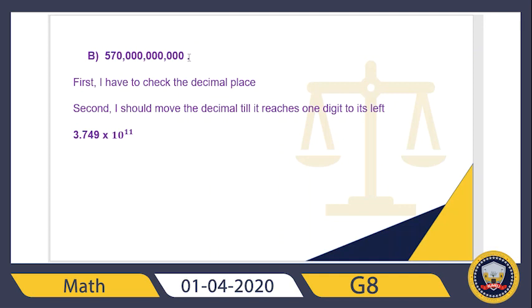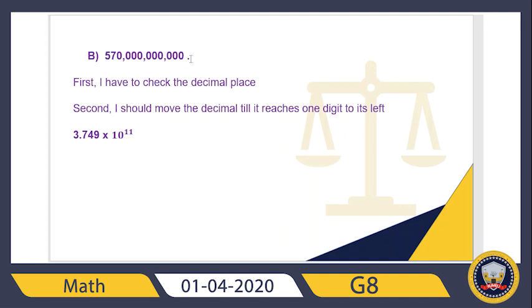Step number 1, I will put the decimal point after this huge number. طيب then second step, I will start moving this decimal point to the left side inside this number until it reaches a position where there is only one digit to its left side.